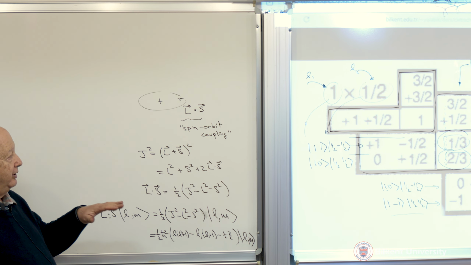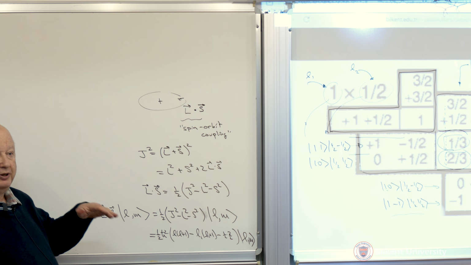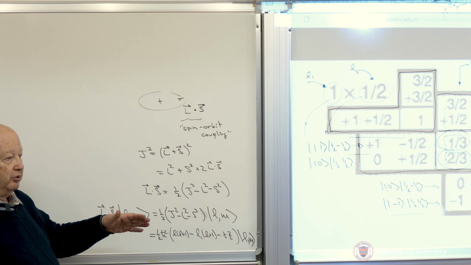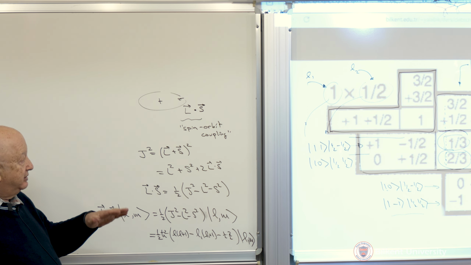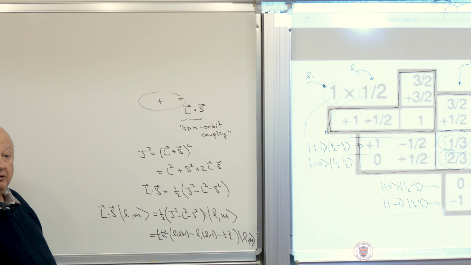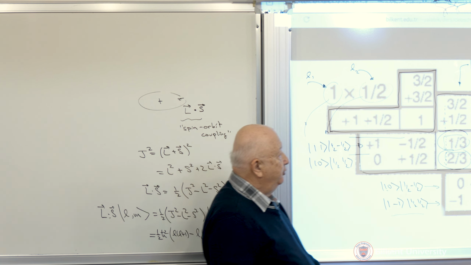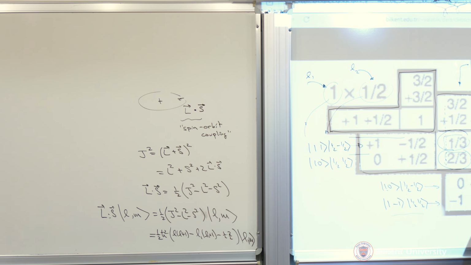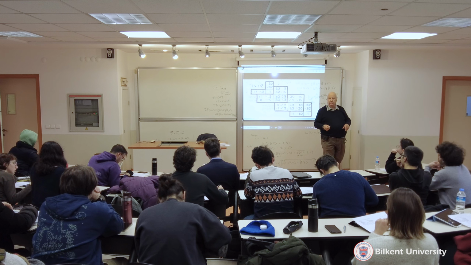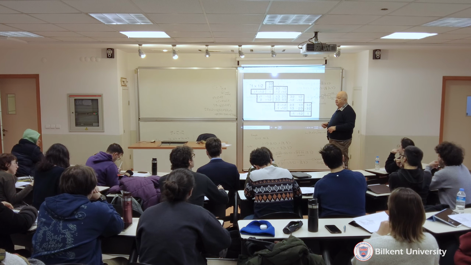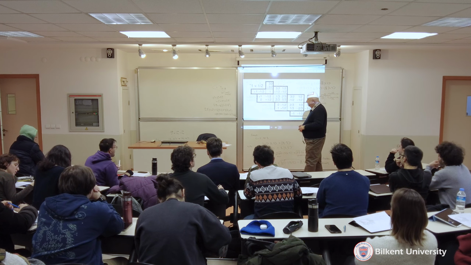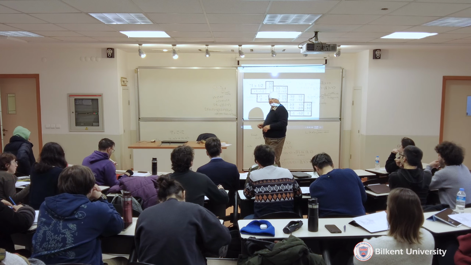So measuring total angular momentum is usually easy, and that's what you want to do. Measuring the spin and the orbital angular momentum separately is probably going to be somewhat tricky, but it can be done because these are commuting operators and they are compatible with one another, so it shouldn't be a problem.